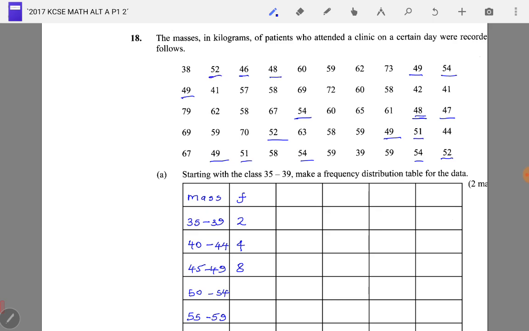So 50 to 54, we have 9 items. So we write frequency as 9.